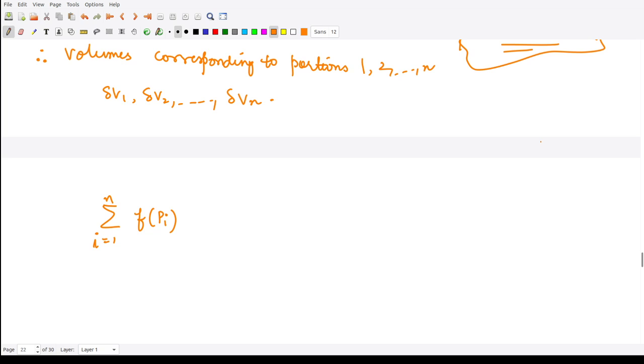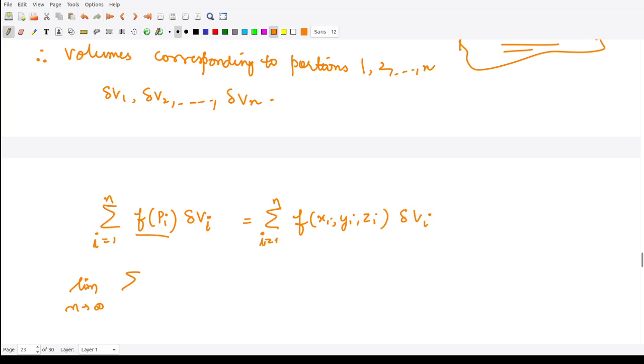We wanted to calculate the volume integral for this particular function. So it would be the sum of the function values calculated at the point Pi times the small volume delta Vi. And what is the function's value at the point Pi? The coordinates for the point Pi are xi, yi, zi. Now what if I take the limit of this sum when n goes to infinity?